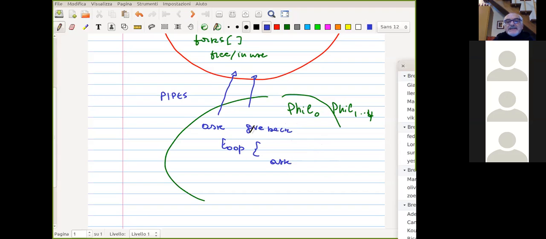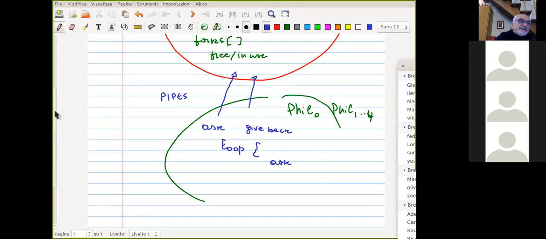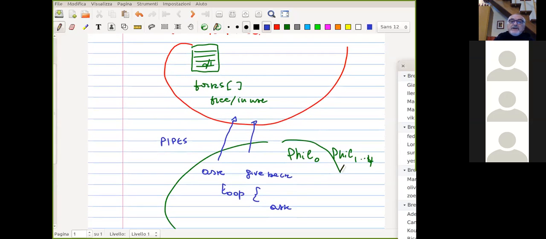What is the meaning of asking? It asks 2 forks. In particular, philosopher i asks forks i and (i plus 1) modulo 5.